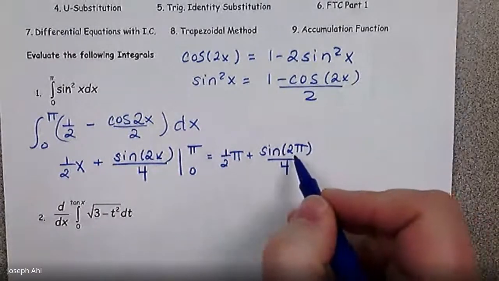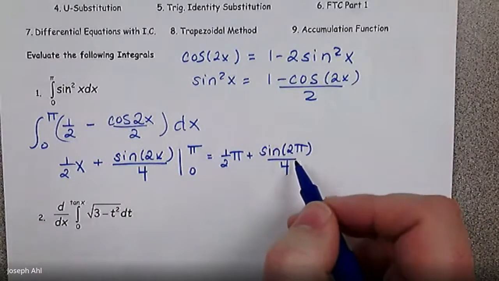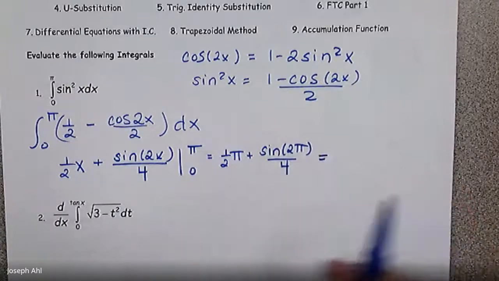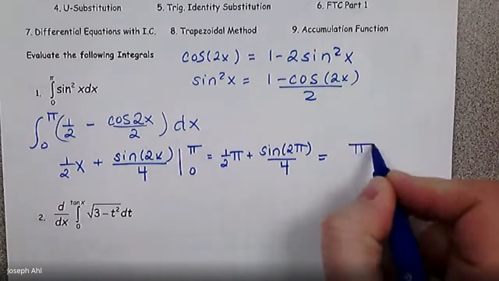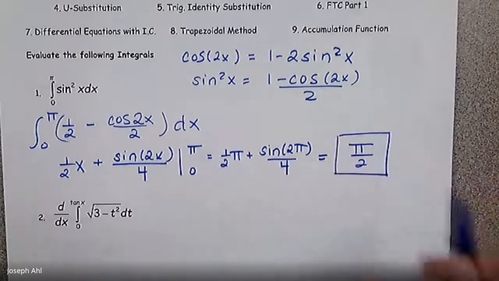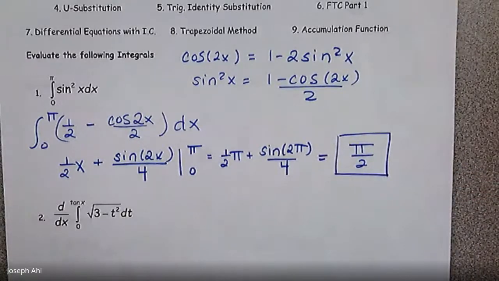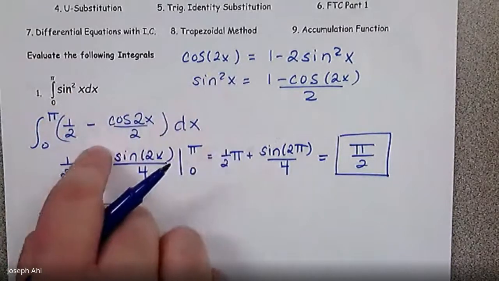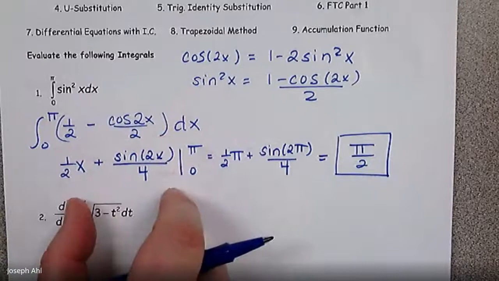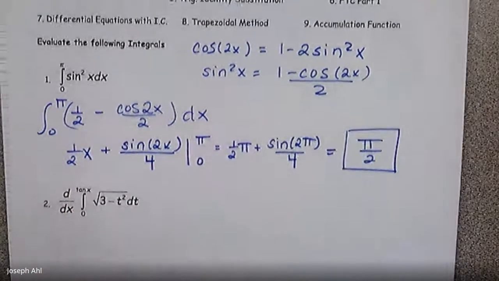In fact, sine of 2 pi is also 0. So since this becomes 0, the total area from 0 to pi under sine squared x is pi over 2, would be the final answer to number 1. But I think the whole trick is remembering that we have this substitution from the double angle identity to make there. Once I do that, integrate, plug in the bounds.